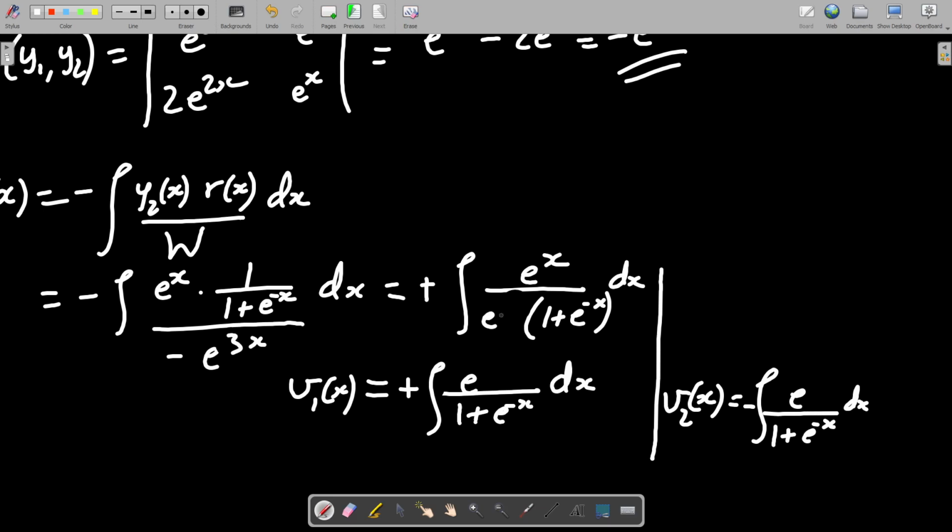So here we'll end up with e raised to plus 3x. E raised to minus 2x then in the numerator. And here we'll end up with e raised to minus x in the numerator. Okay, so this is what you have ended up with.